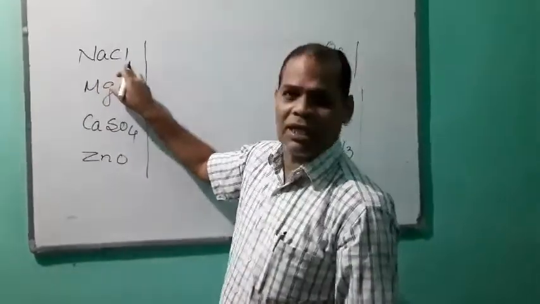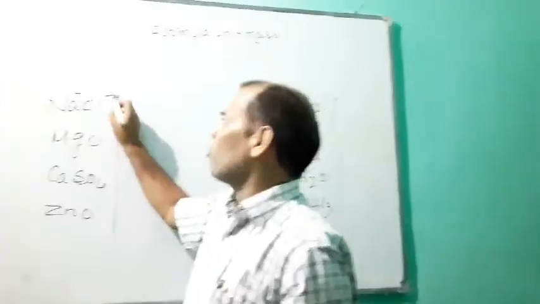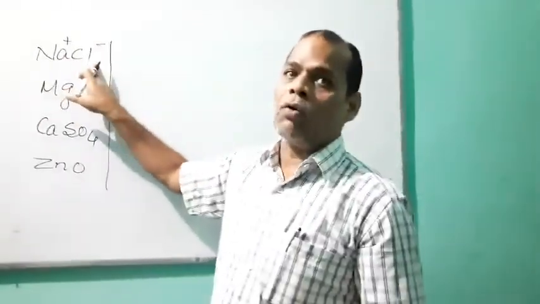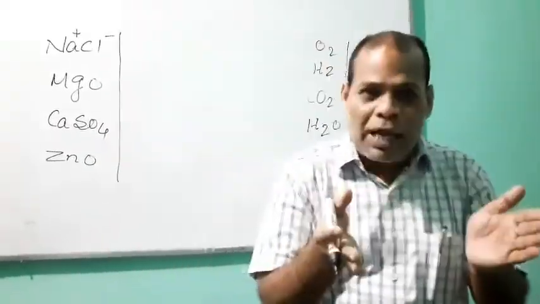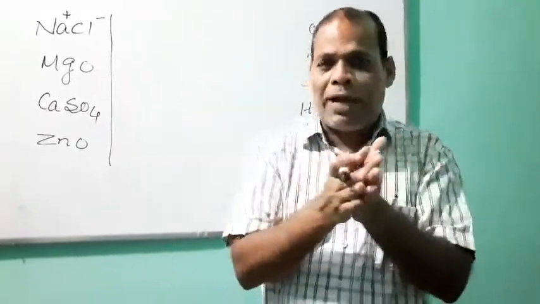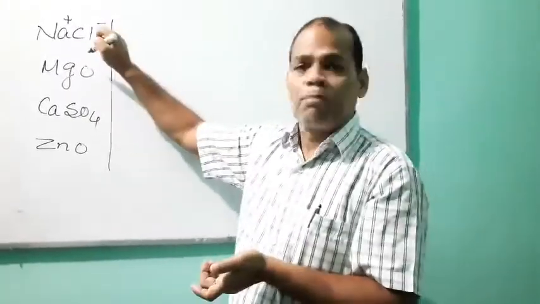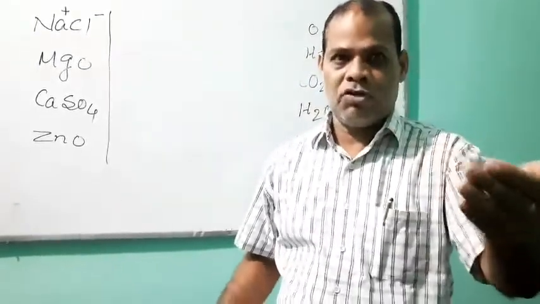Like NaCl is formed due to the formation of ions, sodium ion and chloride ion. When sodium ion and chloride ion combine, then it forms sodium chloride. It means this compound constitutes ions.